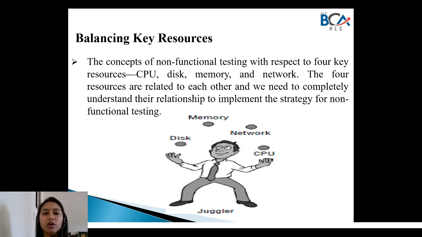So you need to have an understanding of how these resources are interrelated to one another and the implementation. This comes under balancing key resources.